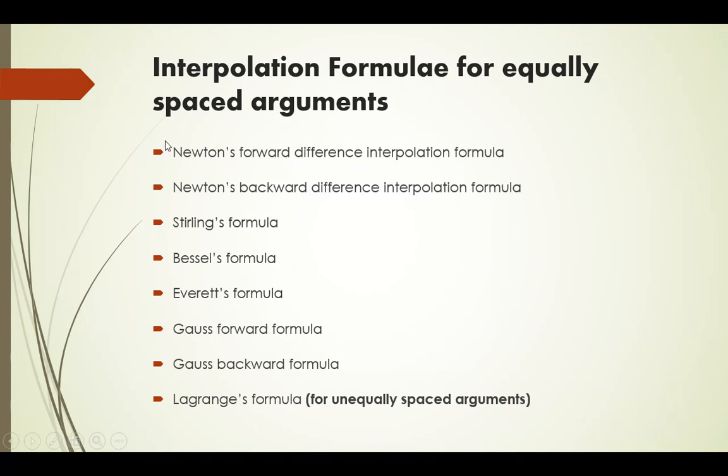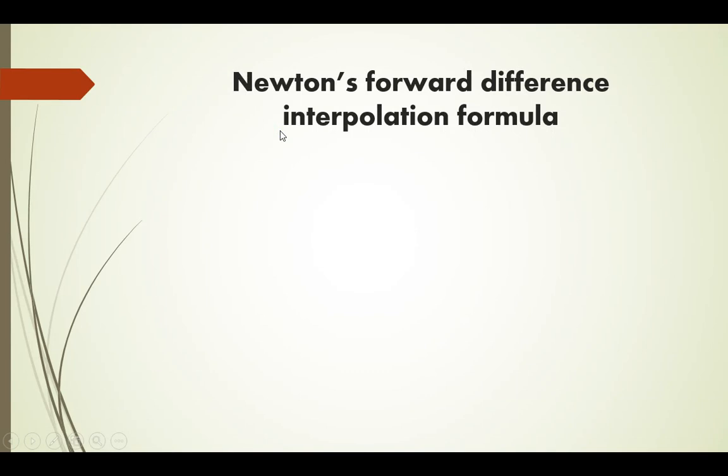So let us start from Newton's forward difference interpolation formula. You need to listen right from here very carefully, because the steps which I am going to explain here will be followed for all the rest of the formulas coming forward. I am going to write a procedure for this formula.